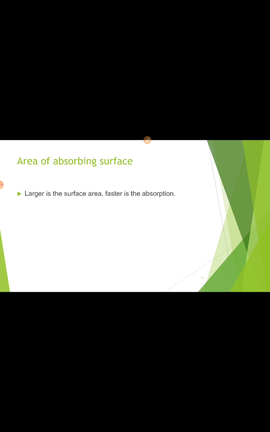And adding to that, the inner layer of the small intestine is made up of large villi, which increases its surface area. Through this large surface area, more cells will be available for the drugs to get absorbed into the plasma or into the blood. So the more the surface area, the faster is the absorption.